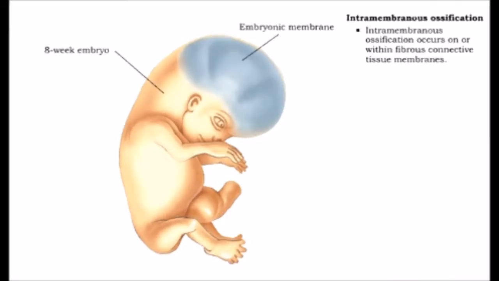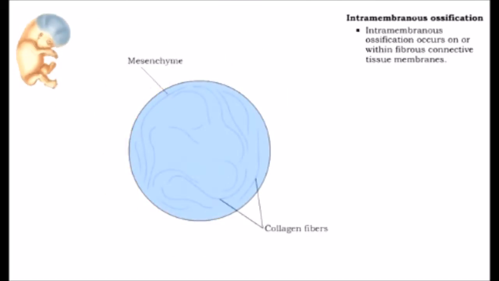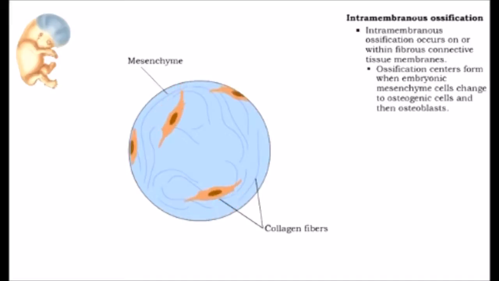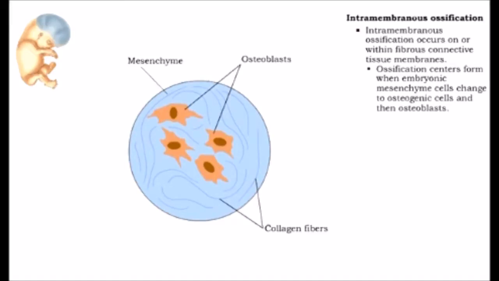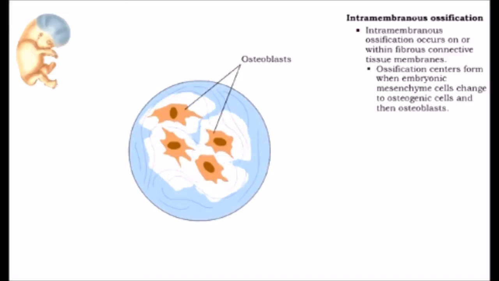During intramembranous ossification, bone is generated on or within fibrous connective tissue membranes. As the process begins, mesenchymal cells differentiate into osteoblasts in regions called ossification centers. The osteoblasts secrete osteoid or uncalcified bone matrix.